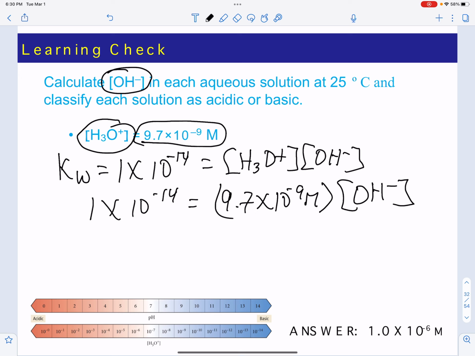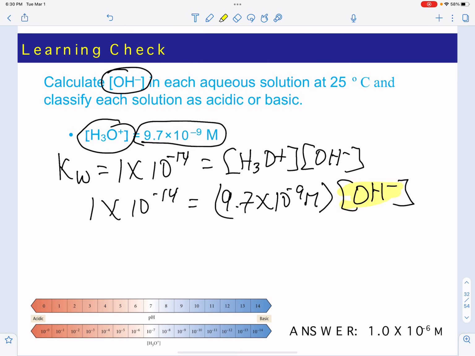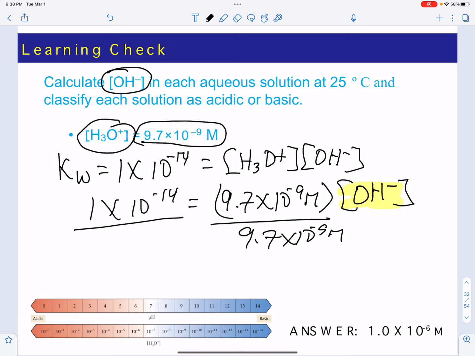What I need is to get the hydroxide by itself. So I'm going to divide by 9.7 times 10 to the minus 9, and I'm going to do it on both sides. Which tells me this will cancel.